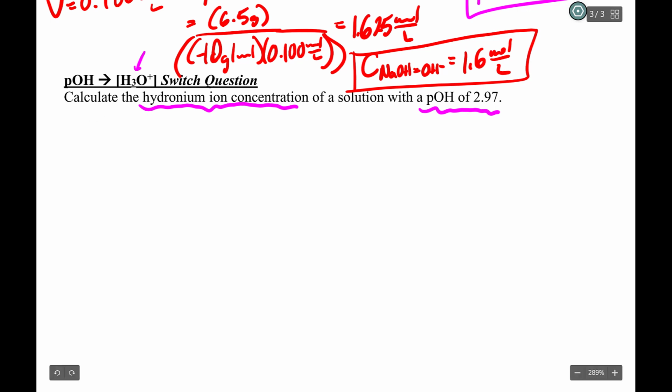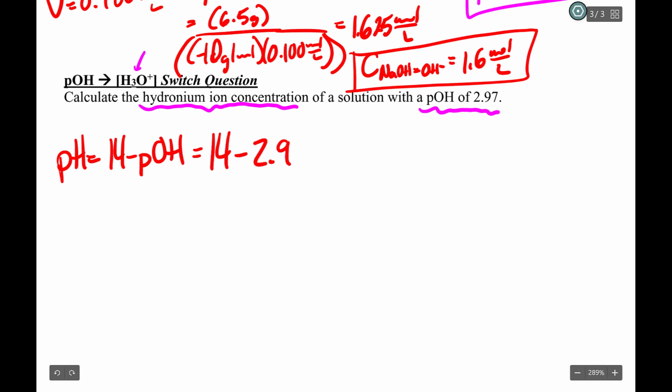So the first thing I'm going to do is say that the pH is equal to 14 minus the pOH to get it into acid information. So 14 minus 2.97 is equal to 11.03. So that was my first step.